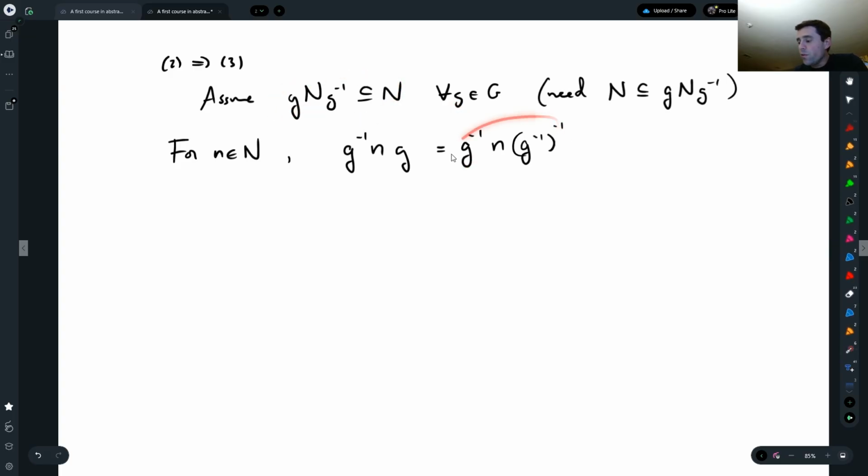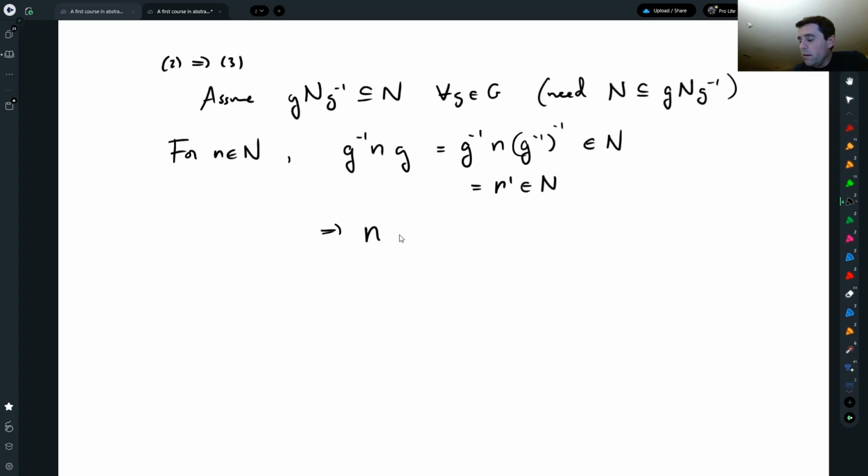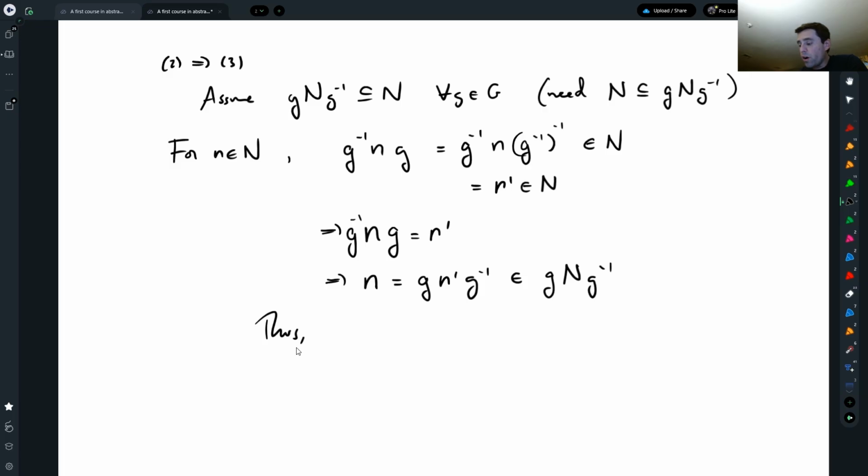So in particular for g inverse, this has to be in N. So it has to be some n' in N, and therefore g inverse n g is some n', and therefore if I multiply on the right by g inverse and on the left by g, I get that n is g n' g inverse, which is in gNg inverse, and therefore since little n was arbitrary, this tells me that N is contained in gNg inverse, which is what I wanted to prove.